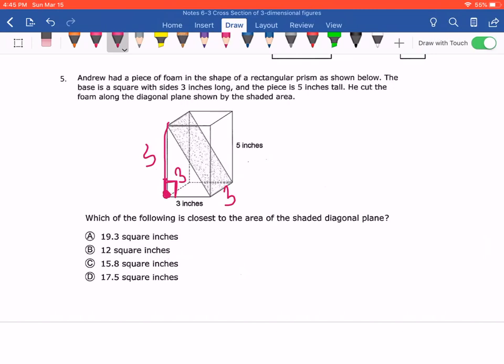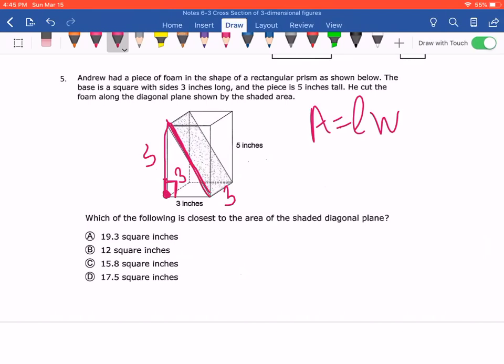Well, if we're looking at our shaded region here, what we can see is that the shape of that shaded region is in fact a rectangle. And I know that the area of a rectangle is length times width. Well, I already know what my width is. My width here is in fact 3, but what I don't know is the length here.